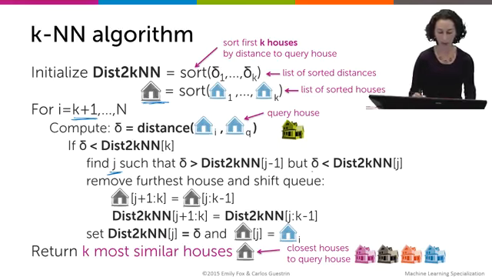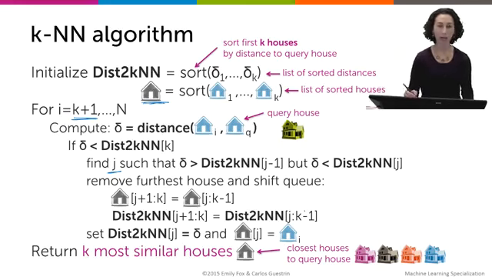And now that we have this index j, we're going to try and insert this house that we found, which is one of our current estimates of our nearest neighbor, into the queue. And we're simply going to knock off the kth nearest neighbor, which we know was our worst estimate of our nearest neighbor so far. We're going to insert this house into this queue. So this step is just shifting the indices for our list of houses, just knocking off that kth last house.